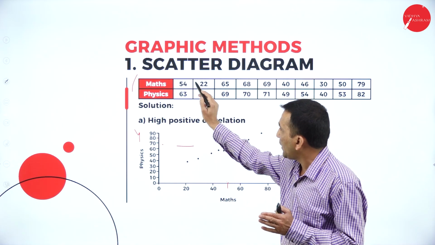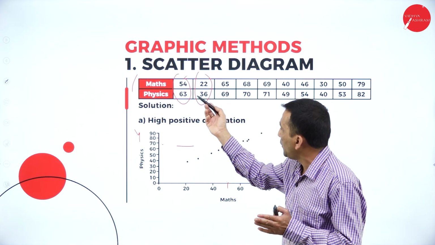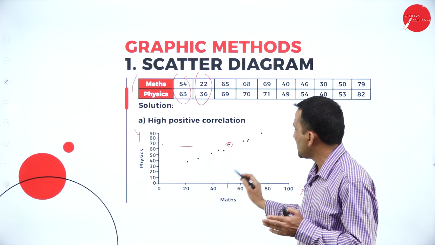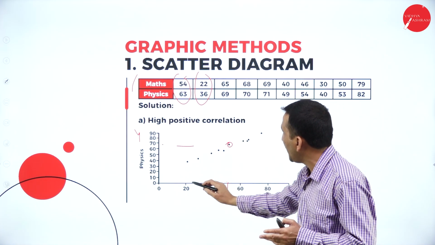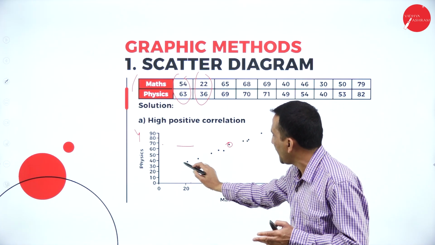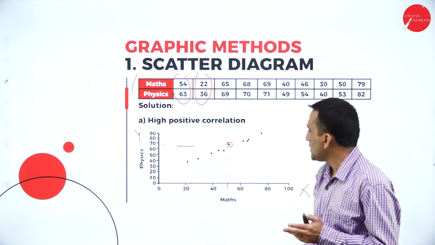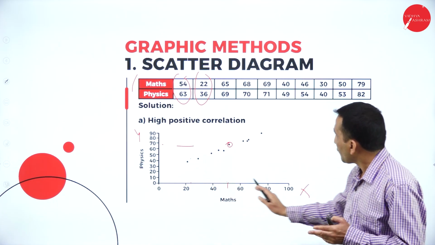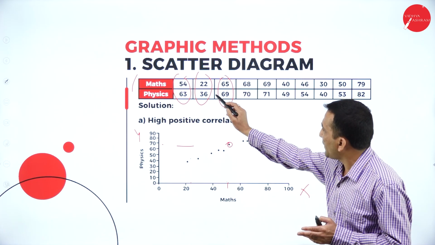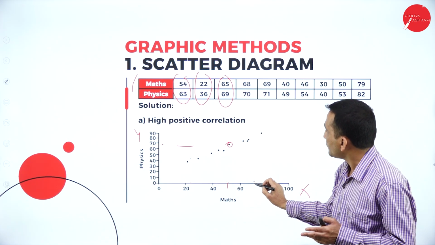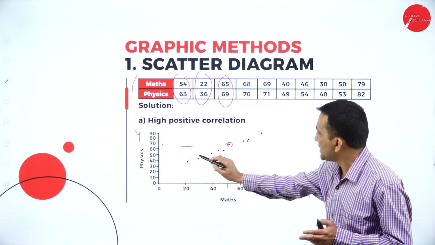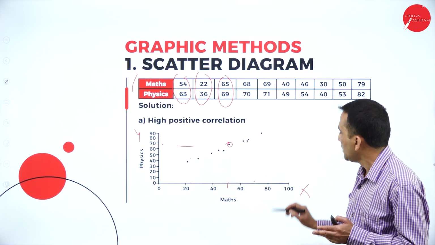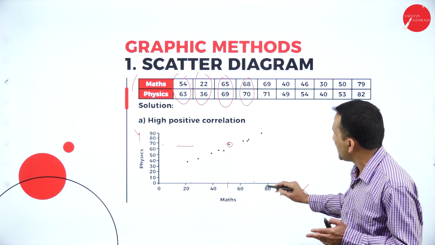The second pair: max is 22 and physics is 36, so it is here. Again the same for the third pair: max is 65, physics is 69, somewhere here one dot, and the next pair 68 and 78.